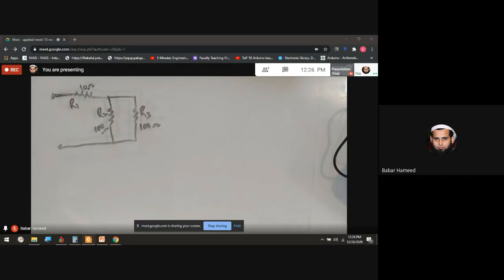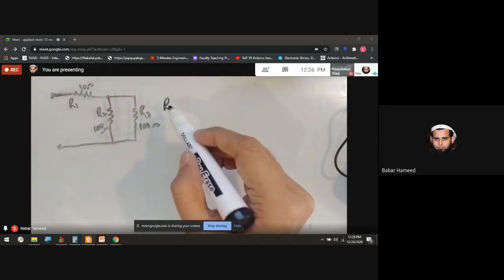R2 and R3 are in parallel, and R1 is in series with the parallel combination of R2 and R3. Okay, if so, then we can apply the parallel formula for two resistances to solve this circuit.